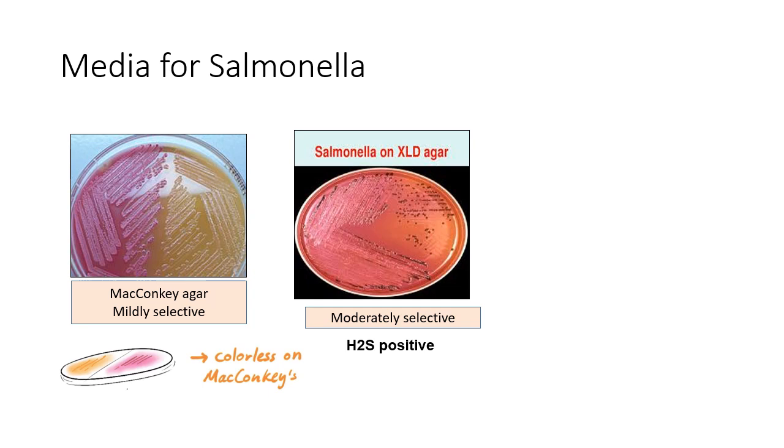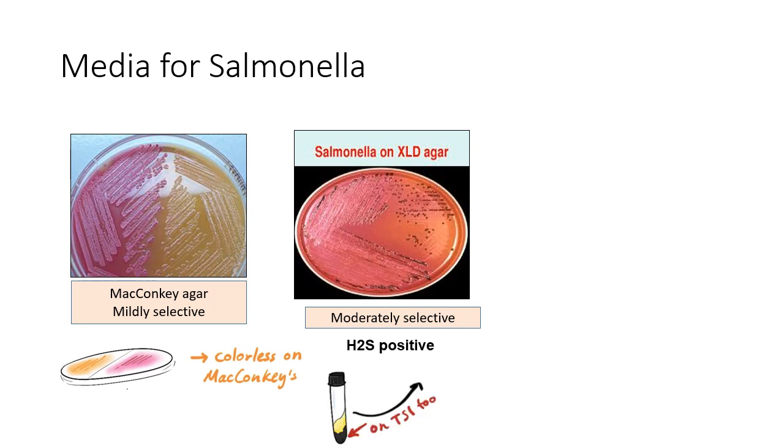In XLD, Shigella will produce pink colonies, but Salmonella will give you black colonies. Why? Because it's H2S positive. It can produce hydrogen sulfide that will give you a black color on the media. So you can see that these colonies are immediately Salmonella.